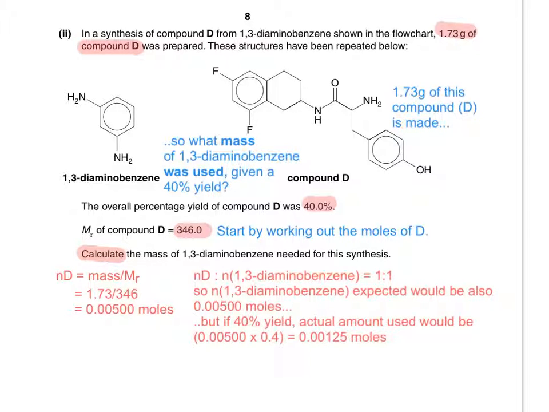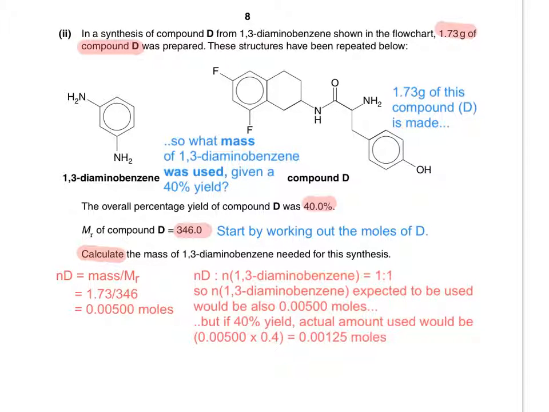So therefore, if you had 100% yield, you'd be expecting to get 0.00500 moles. You'd also use 0.00500 moles of 1,3-diaminobenzene. So now we've worked out that with a 40% yield, you'd get 0.00125 moles.